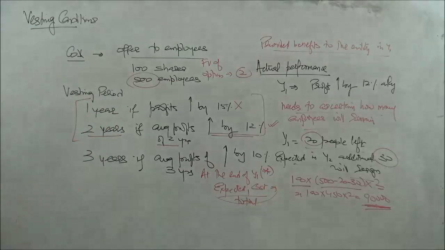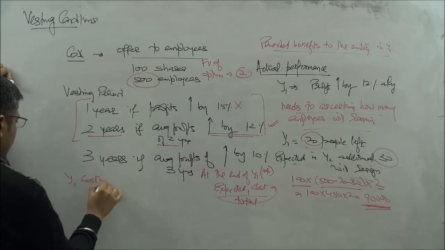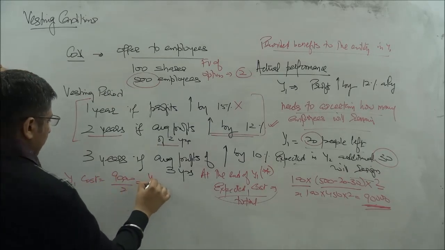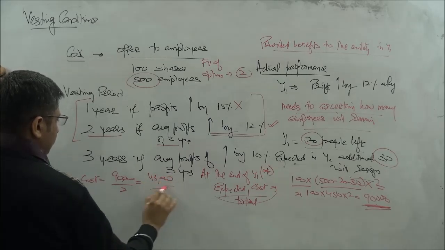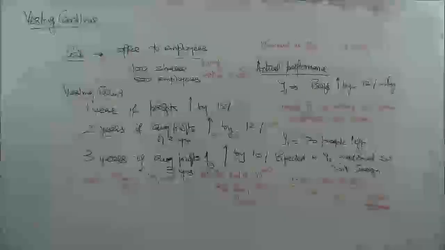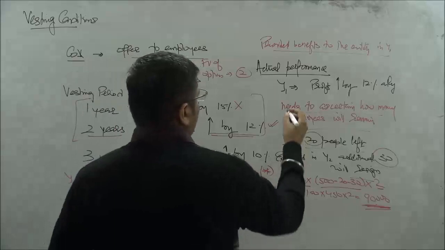So you simply say my year one cost is 90,000 divided by 2, that comes to 45,000. Now let us say even year 2 results are not great.